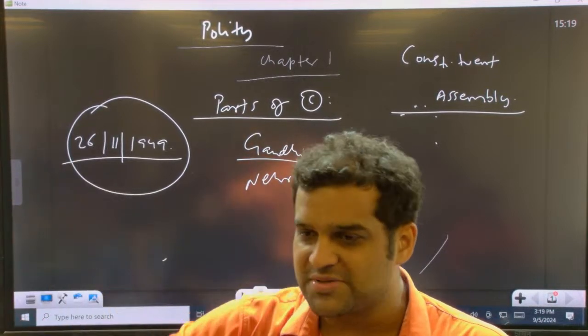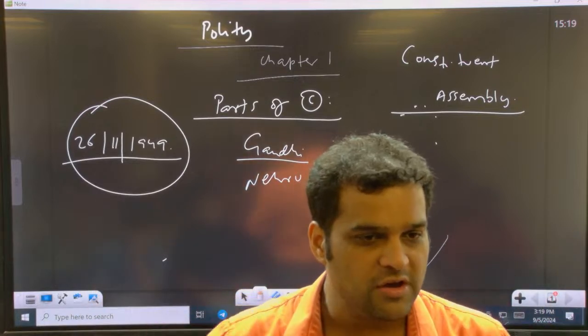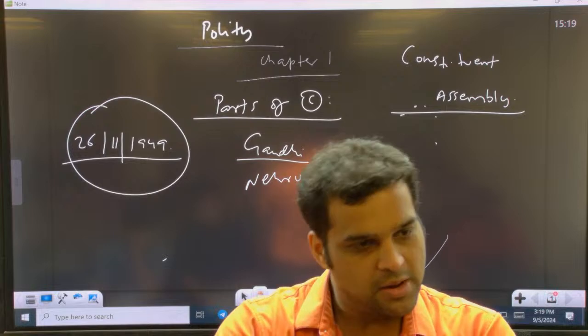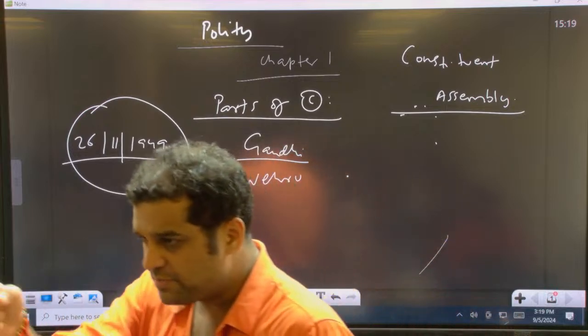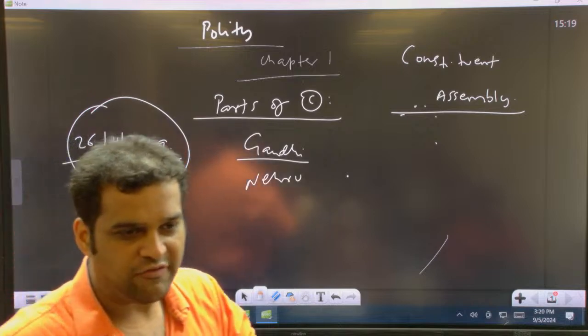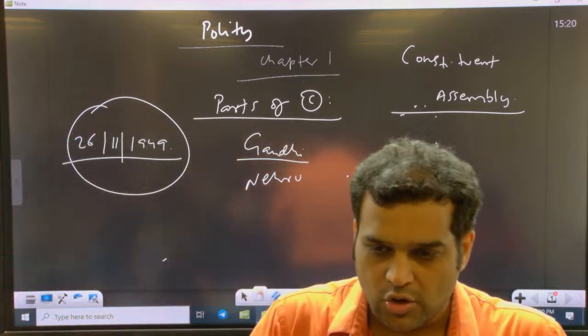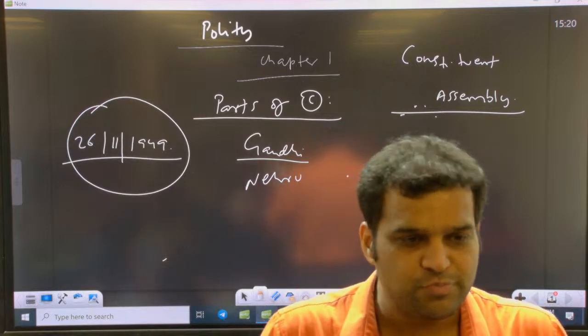Multiple directions of demands were flowing out from the Congress. But in 1929, they all agreed upon a firm principle: from here on, we want complete independence. No self-government, no half-baked idea of independence. We want Purn Swaraj.